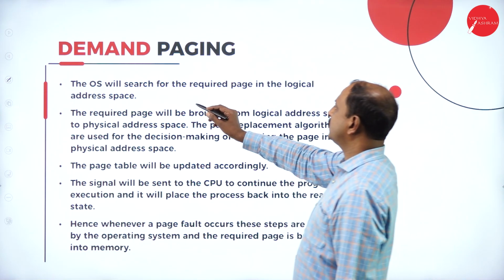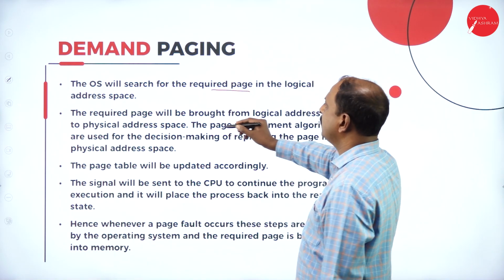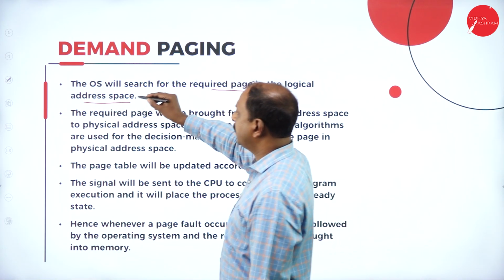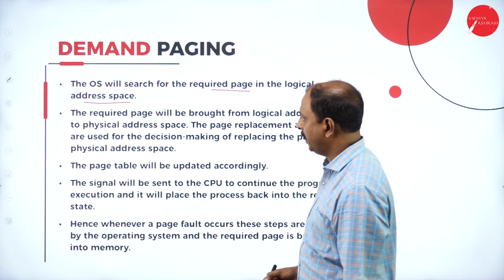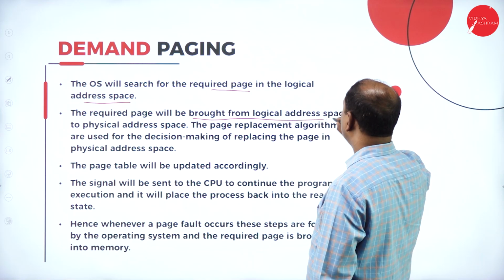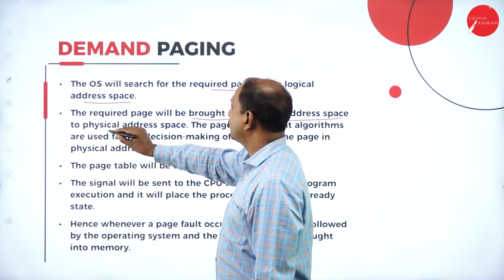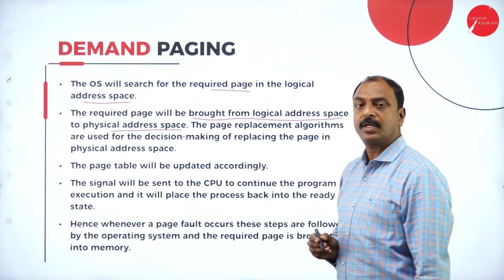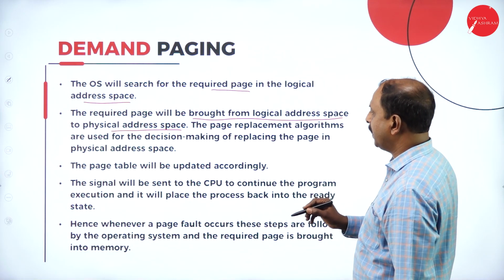Next, the OS will search for the required page in the logical address space, that is, in the virtual memory. Then the required page will be brought from the logical address space to the physical address space. That is what I'm talking about with virtual memory or swapping in.